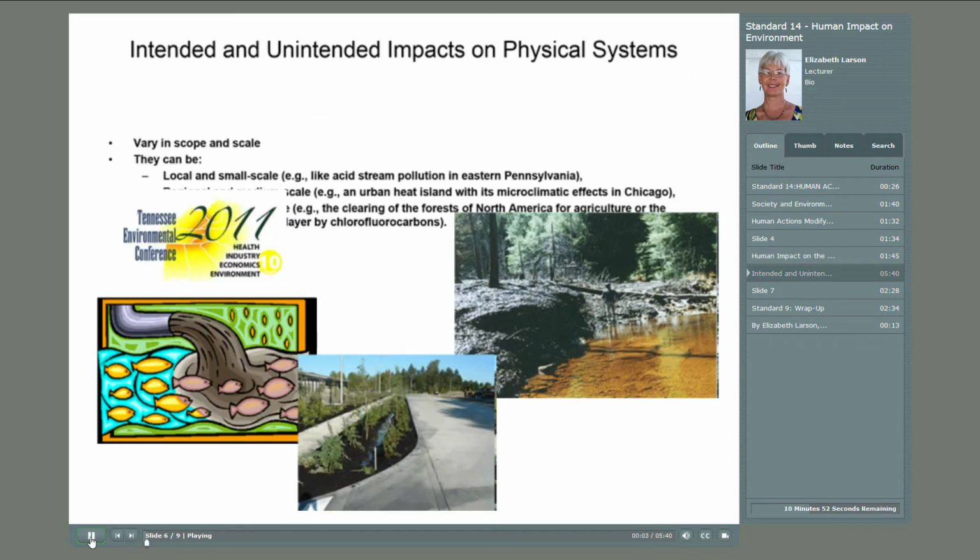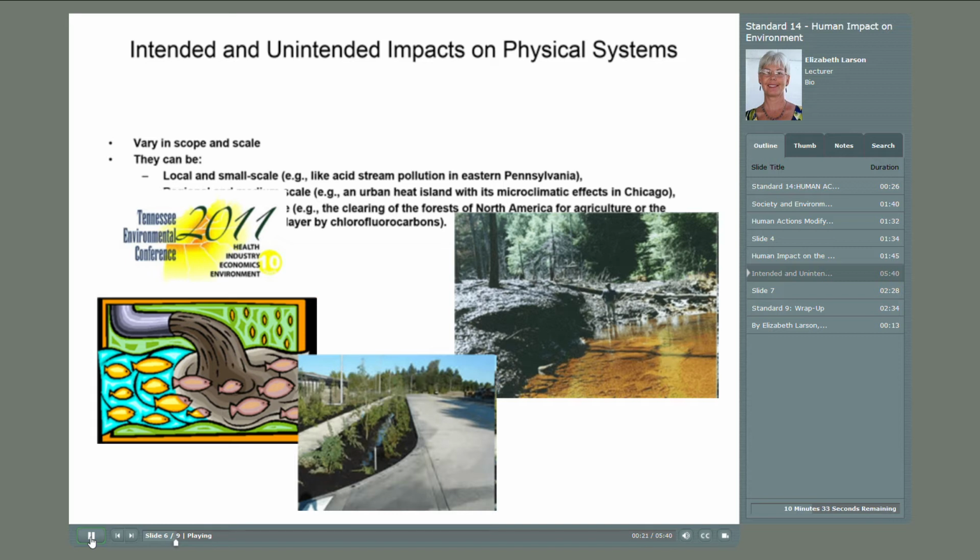There are both intended and unintended impacts on physical systems, and they vary in scope and in scale. These impacts can be local and small scale, like acid stream pollution in eastern Pennsylvania.